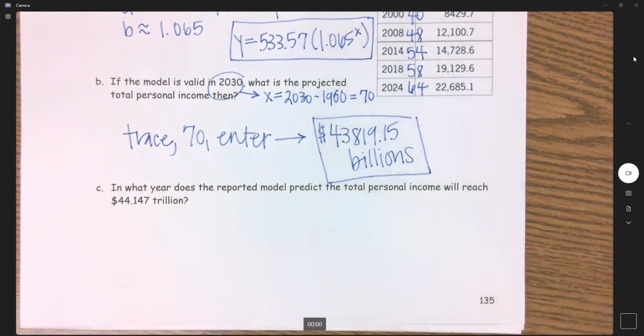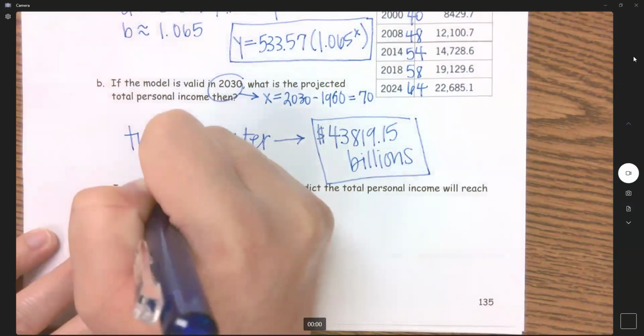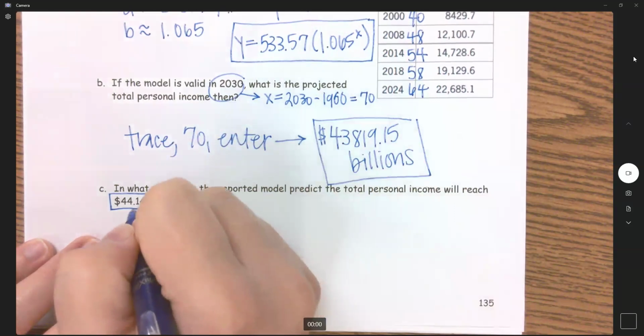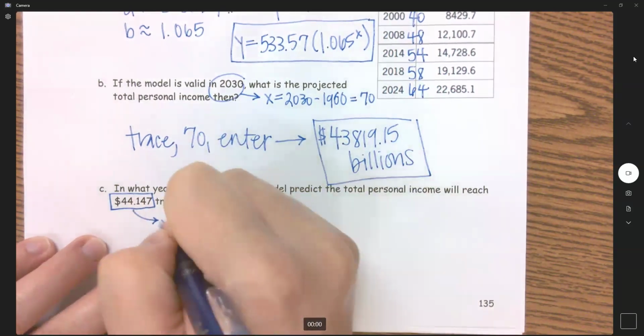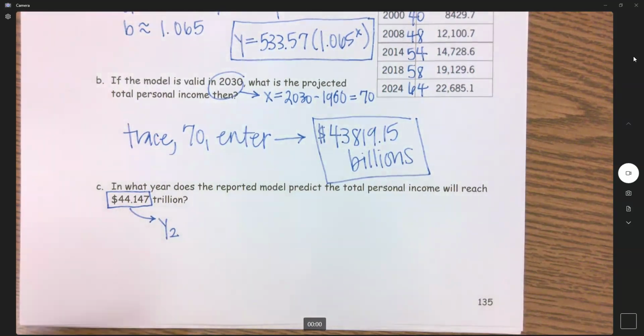Now this says, in what year does the reported model predict that the total personal income will reach 44.147 trillion? Now there's a little bit of a problem with that. This does represent my Y, and I'm actually going to end up putting that into my Y2 when I graph.